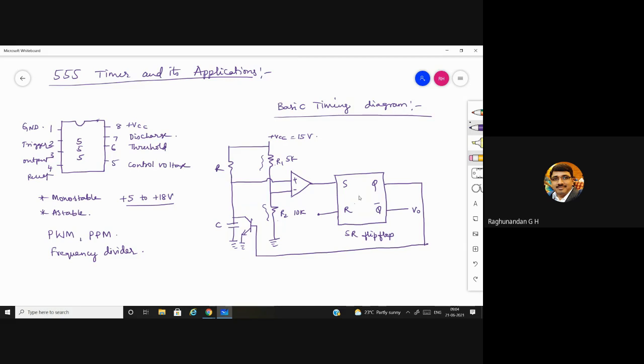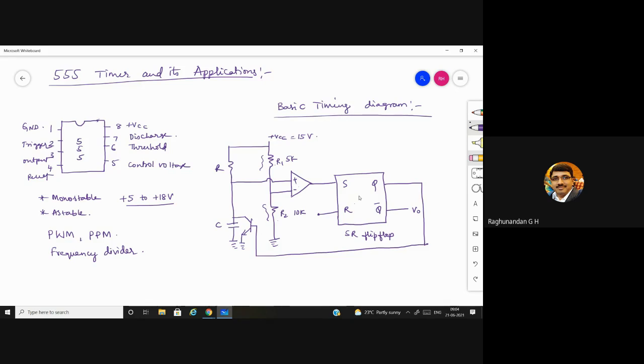Now this comparator's main aim is to compare between the two inputs, and based on that it is going to set or reset this flip flop. Correspondingly the output will be generated, whether it should be a positive pulse or negative pulse, depending upon the charging and discharging of the capacitor.